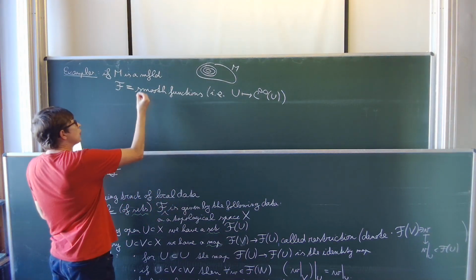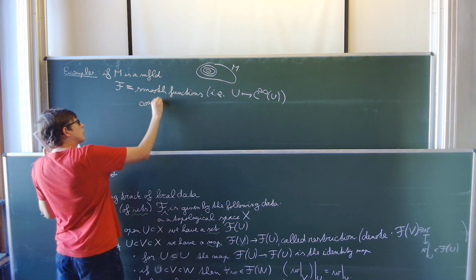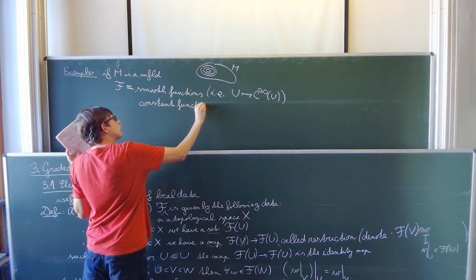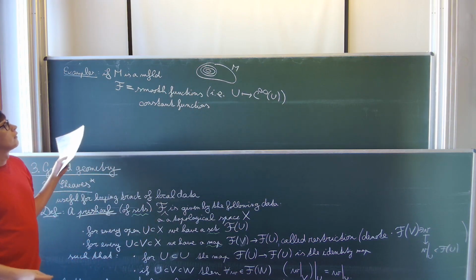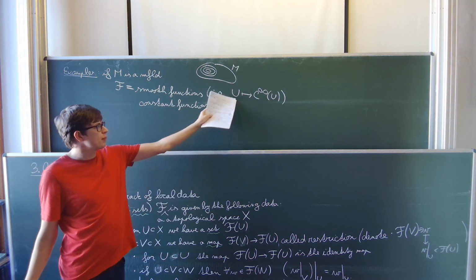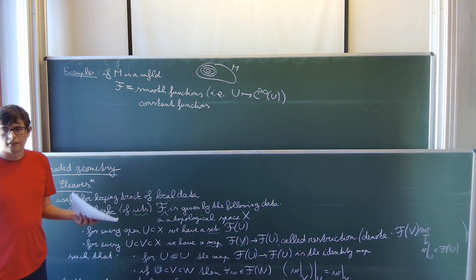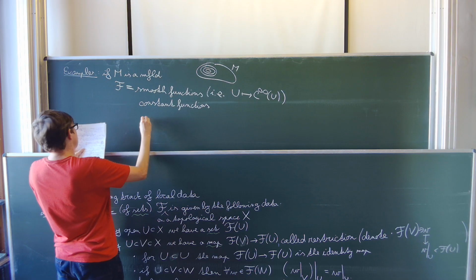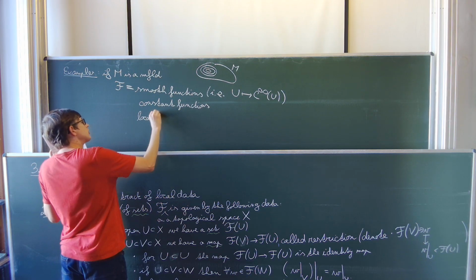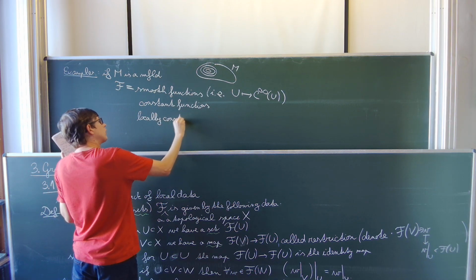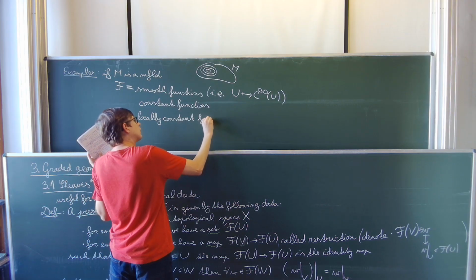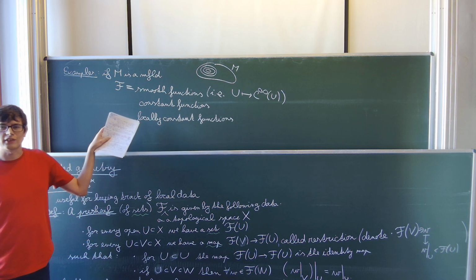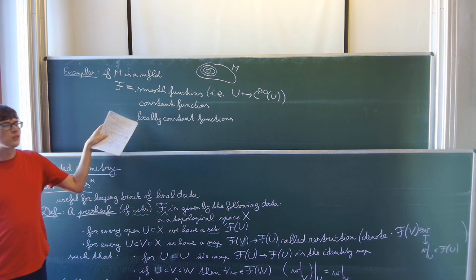One thing that is definitely a sheaf is constant functions. Again, it's the same thing: give me an open set, and I give you constant functions on the open set. Slightly differently, you can do locally constant functions. Why are locally constant functions different from constant functions?